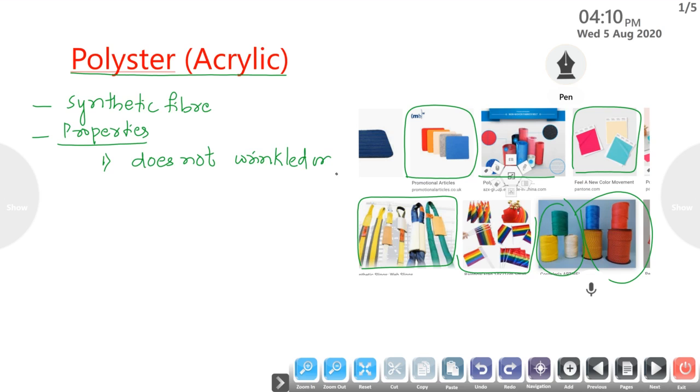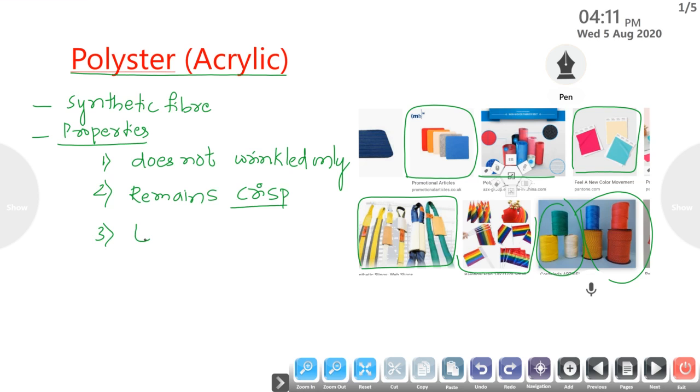So shirts and fabrics which are made of the synthetic fiber polyester do not wrinkle. That's why we are using polyester. Second thing, it remains crisp. That means if it is not wrinkled, it remains as it is, or we call it crisp.